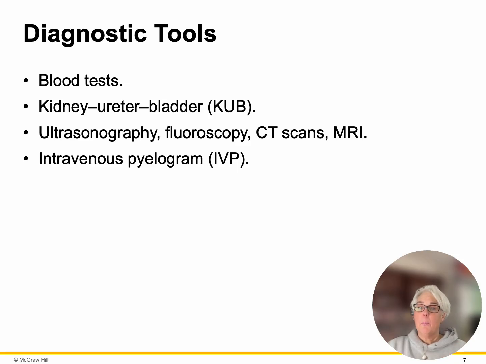Imaging such as a KUB, which is basically an X-ray, ultrasound, CT, MRI, or IVP, intravenous pyelogram, will diagnose tumors, stones, cysts, obstructions. You're not going to code the test itself in ICD-10-CM. We're going to get to that later on with CPT coding in the spring, but you will use the results to determine the final diagnosis. So I want you to know why these tests appear in the chart.